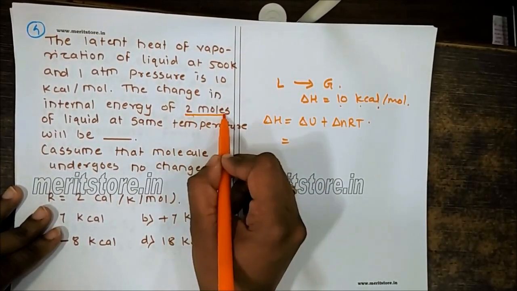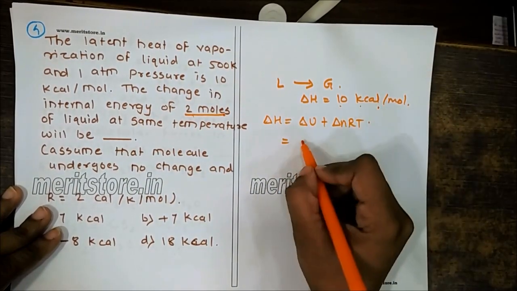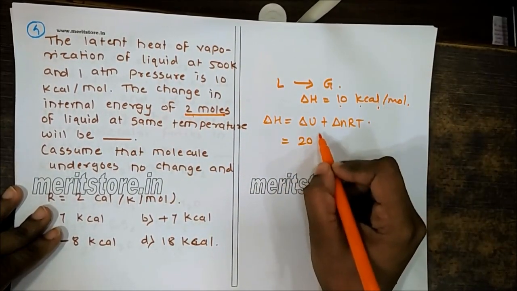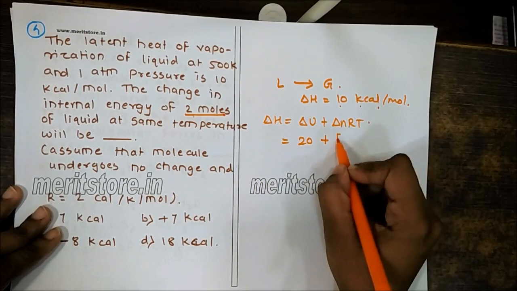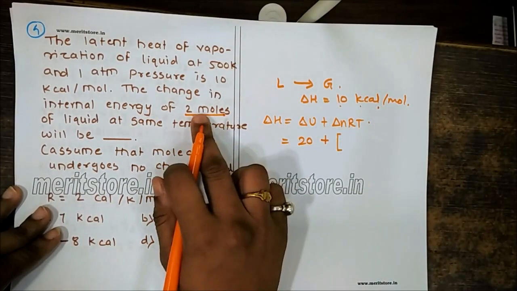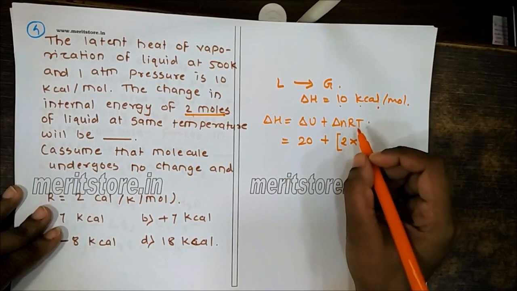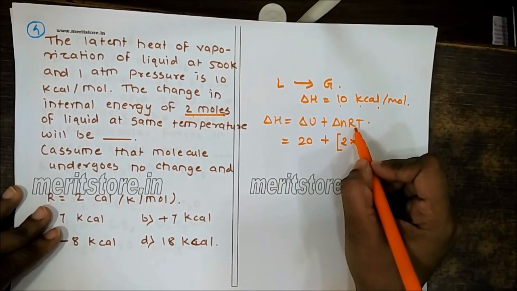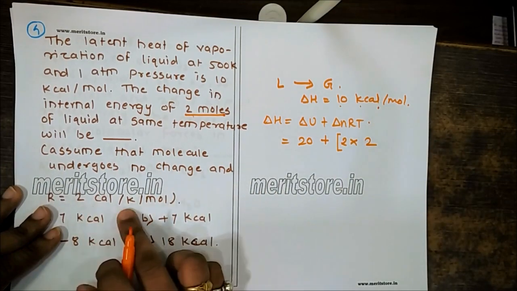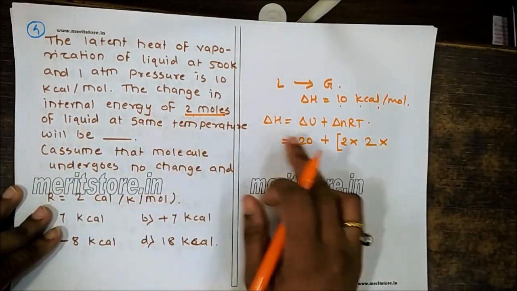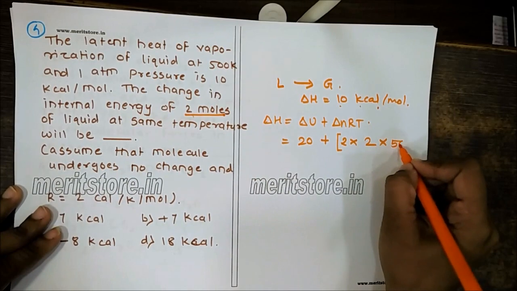Now, we have to calculate for 2 moles. So, for 2 moles, there will be 20 kilocalories. So 20 plus delta nRT. Since we have to calculate for 2 moles, delta n is 2, multiplied by R, which is 2, into the temperature, which is given as 500.